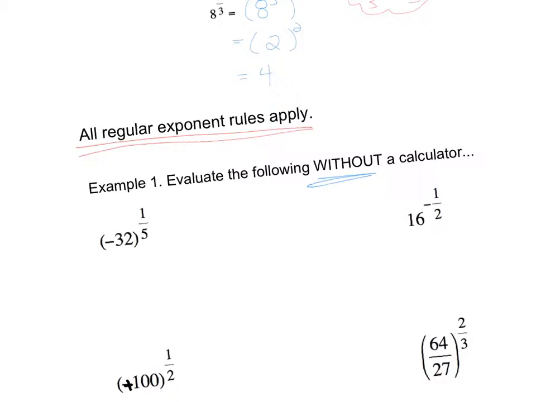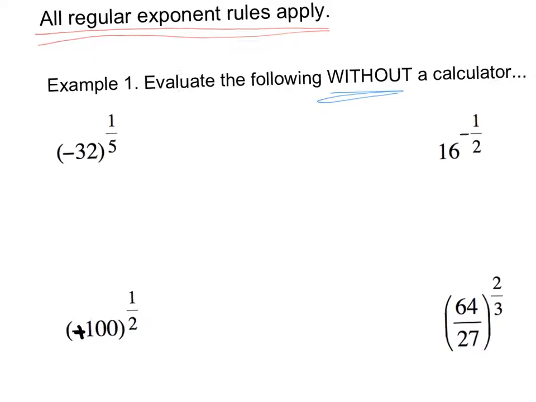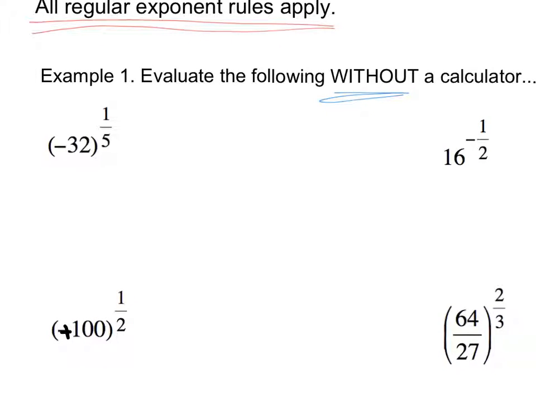Looking at the first one: evaluate without the calculator, negative 32 to the exponent 1/5. In my head, I know that this is the same as the 5th root of negative 32.